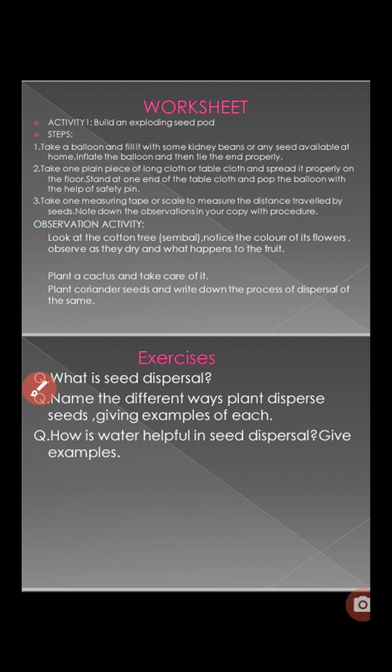We will take a tape or scale to measure the distance traveled by seeds. The seeds will be inside, so we will take small seeds, not big seeds. Or you can skip it if you can't do it.